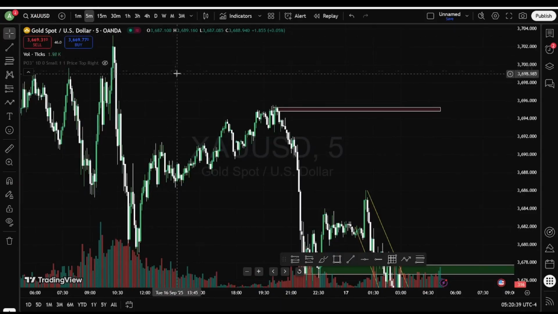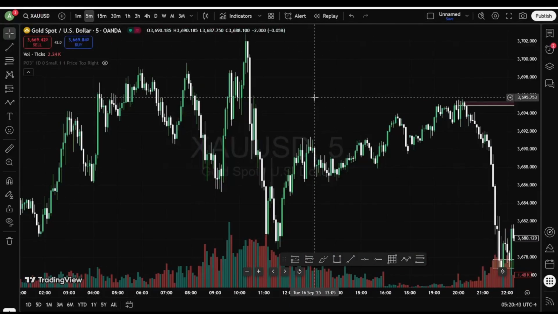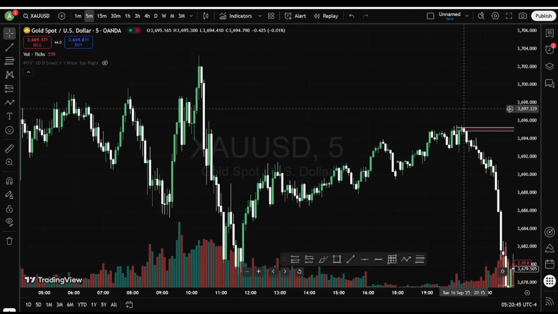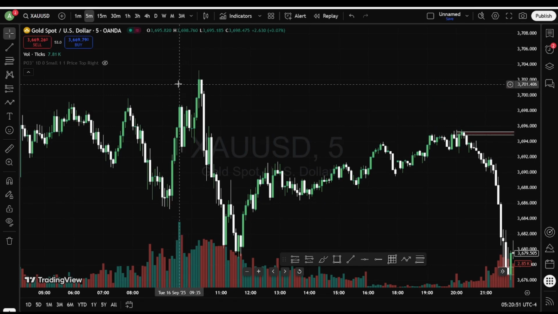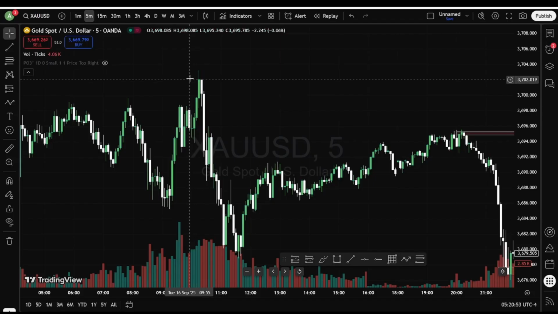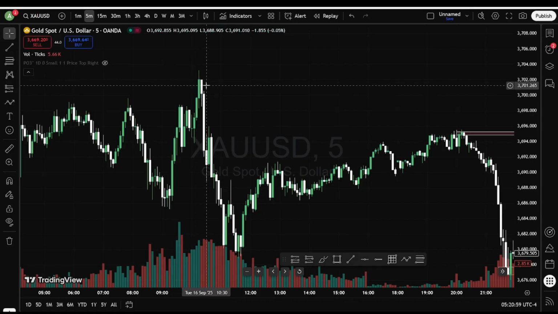Previously, the SMC institutions pushed the price to the 700 level to grab all the buy stop orders above this level. So you can see here above this level, all the buy orders were already captured.